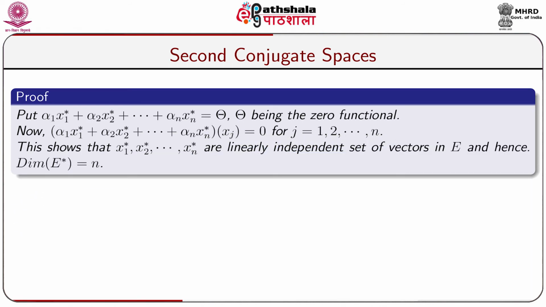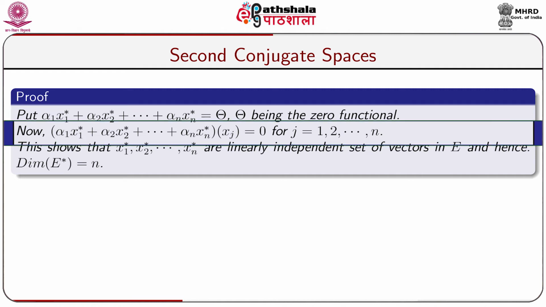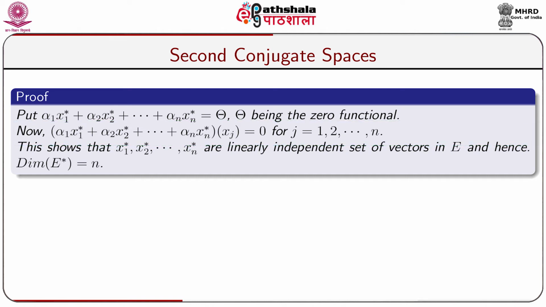Put alpha 1 x1 star plus alpha 2 x2 star plus dot dot dot plus alpha n xn star equal to theta, where theta is the zero functional. Now, (alpha 1 x1 star plus alpha 2 x2 star plus dot dot dot plus alpha n xn star)(xj) is equal to 0 for j equal to 1 up to n.